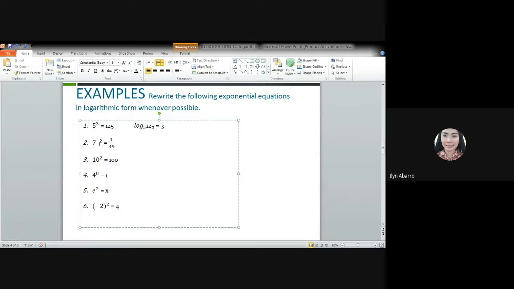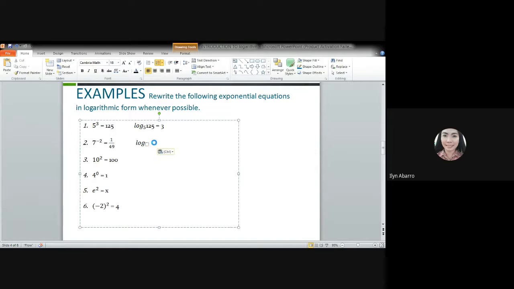So, 7 raised to negative 2 is equal to 1 over 49. So, mayroon tayong base. Copy na lang natin ito para mabilis. So, the logarithm of, ito yung susulat natin, 1 over 49.